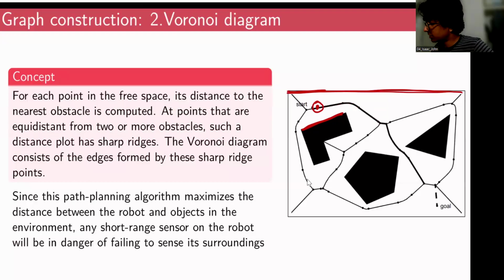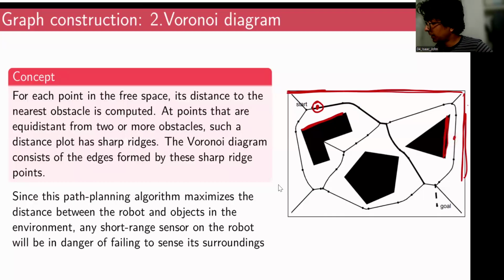Right. One more example, if the robot is at this position, the two obstacles in the near vicinity would be this edge as well as this edge. So the only position that maximizes the distance between these two obstacles is exactly this position.